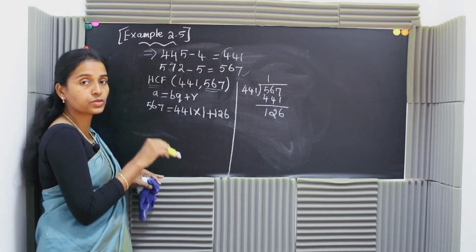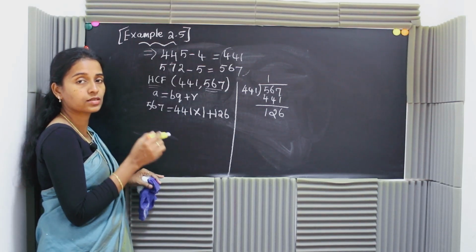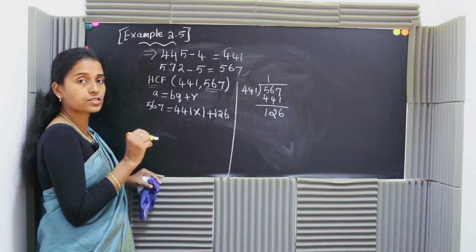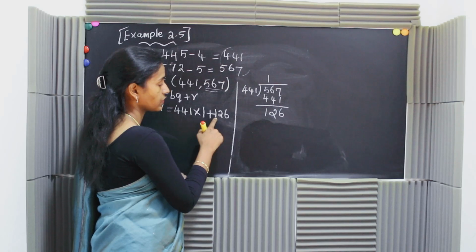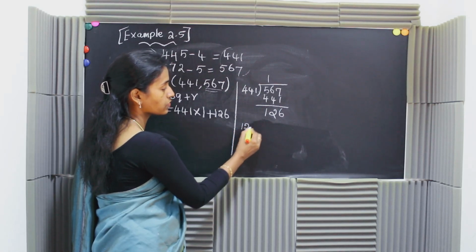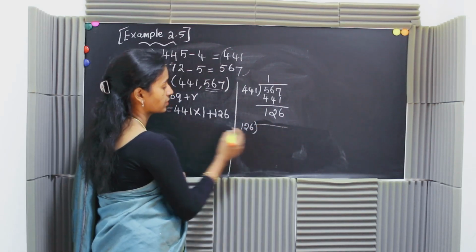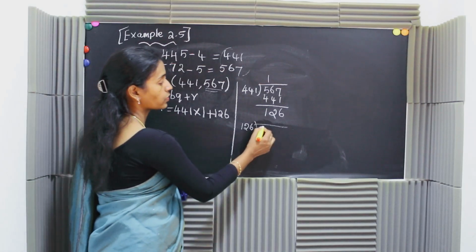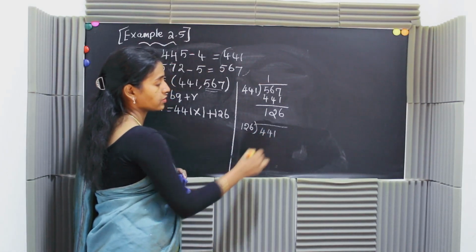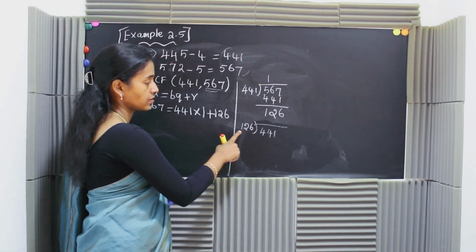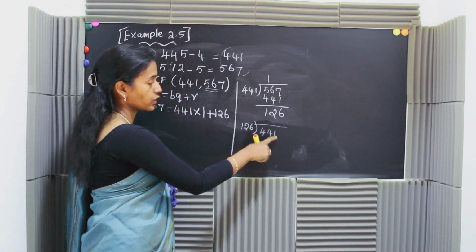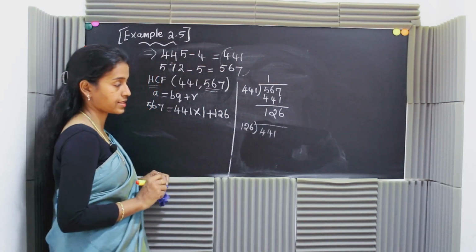We should continue the process until we reach remainder value 0. Okay, here in the next step, this 126 becomes divisor and this 441 becomes dividend. Now, we can check that we can divide 441 by 126.